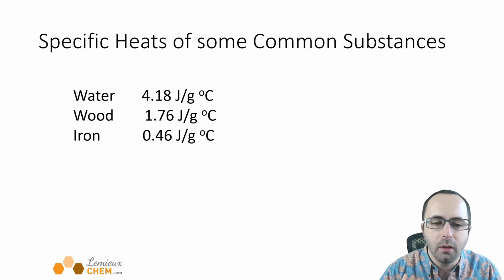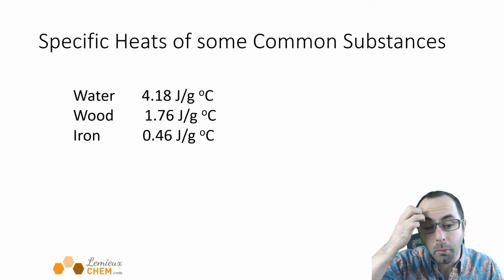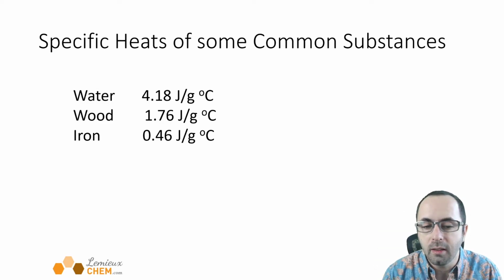So you can see that this is why when you put your iron pot, or maybe it's aluminum or something, on your stove, it doesn't take much time or much heat being put in for it to increase in temperature a lot, because iron has a much lower heat capacity. In fact, iron is much lower even than aluminum.